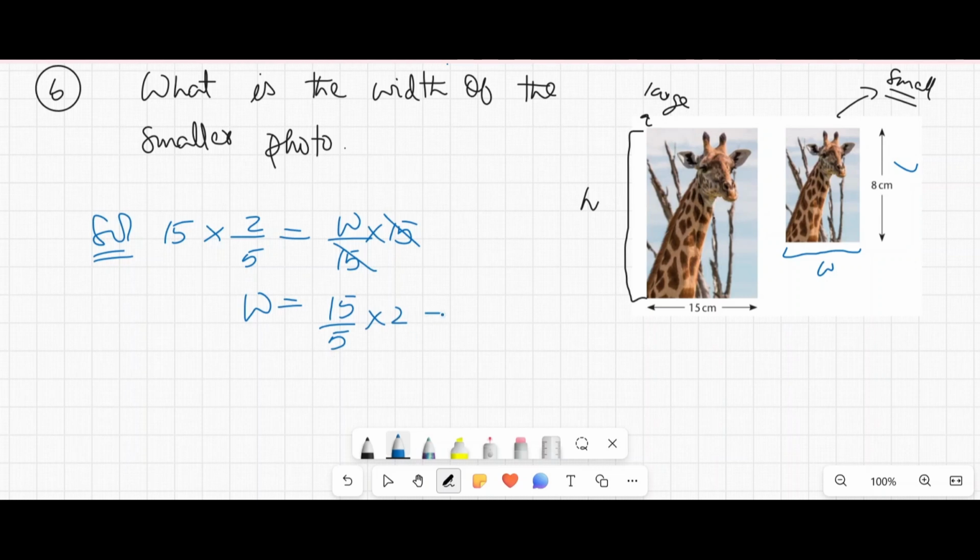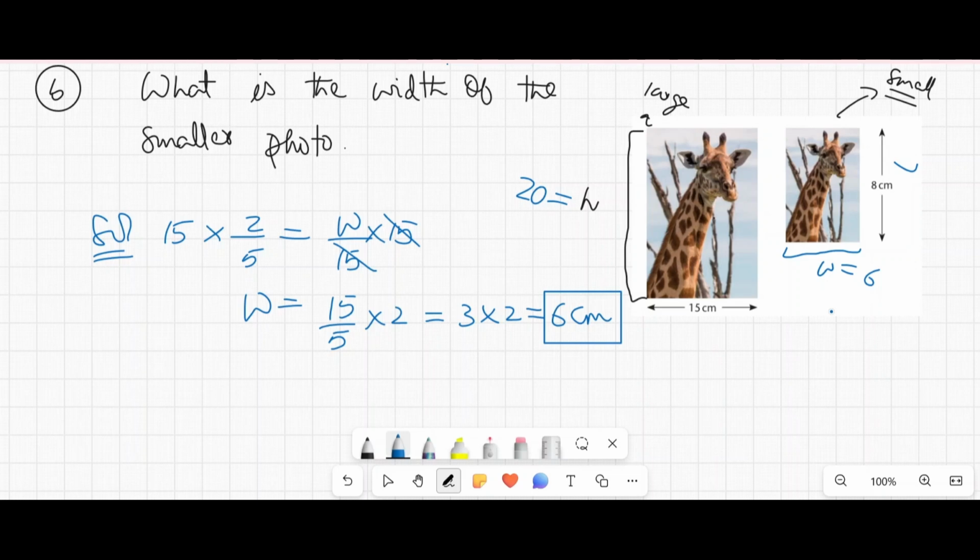So 15 divided by 5 you will get 3, 3 into 2 you will get 6 centimeters. So in a simple way, the height of this was 20 centimeters, and the width of this is 6 centimeters.